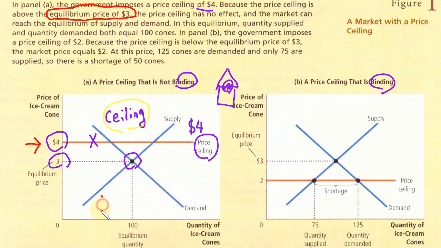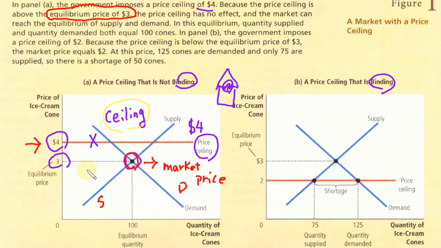The market reached the equilibrium by supply and demand. This is the market price. This is a very natural price, quite an ideal price. By supply and demand, the equilibrium quantity supplied and quantity demanded are equal.